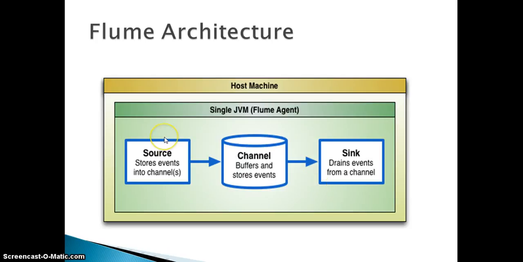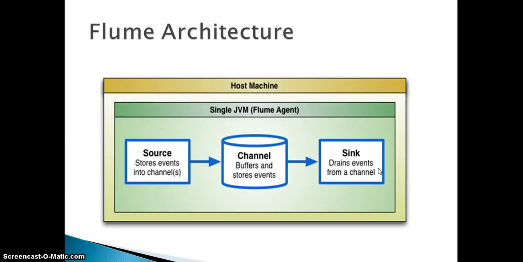There can be multiple sources and a variety of sinks. A sink can deliver its data to another source, so one agent can be interlinked with another agent.